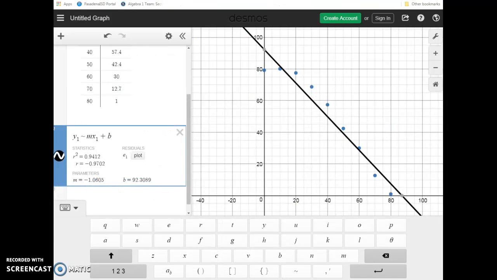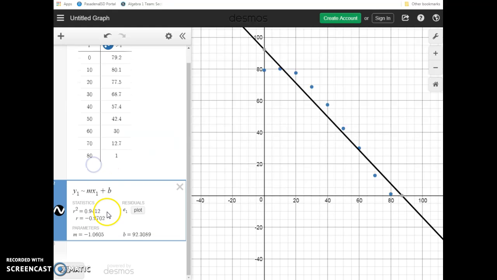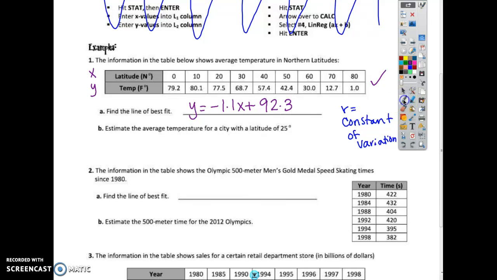What is the r? What did they tell us r is? It's right here. Negative 0.97. So let's write that down. Negative 0.97.